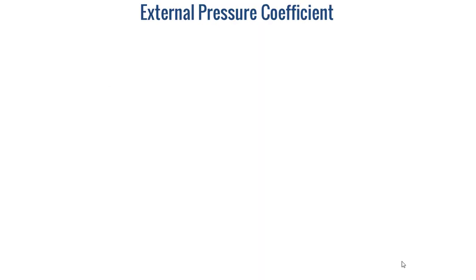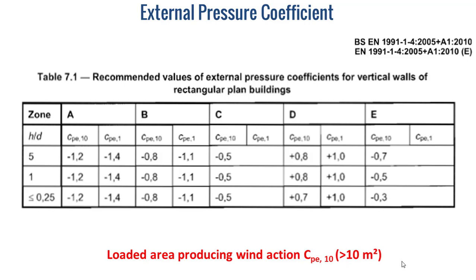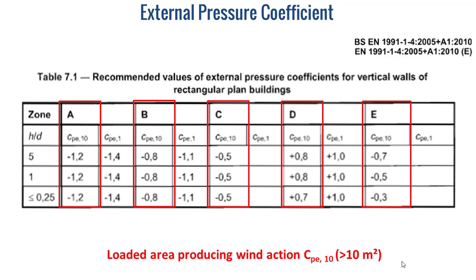zone E. Now, for the external pressure coefficient, they are determined based on this table provided by Eurocode 1. It should be recalled here that we consider a loaded area producing the wind action higher than 10 meters square. So we use the external pressure coefficient CPE 10. And based on the ratio H divided by D, we can determine the line that we will use in this table. Here, H by D is equal to 0.5.